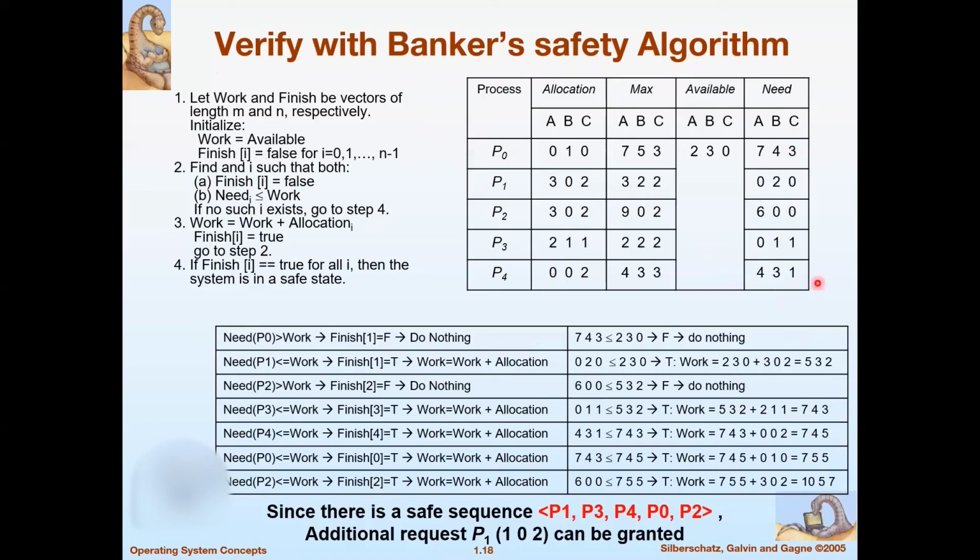And because the state is safe, the request of process P1, that is 102, can be granted immediately. However, if we reach any situation where at least one process could not be completed in any sequence, that means the safe sequence does not exist in that particular state, and if the safe sequence cannot exist, the request cannot be granted.